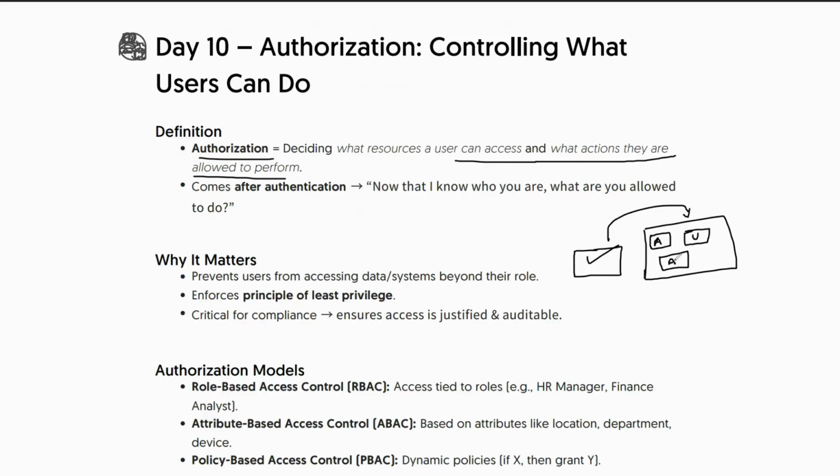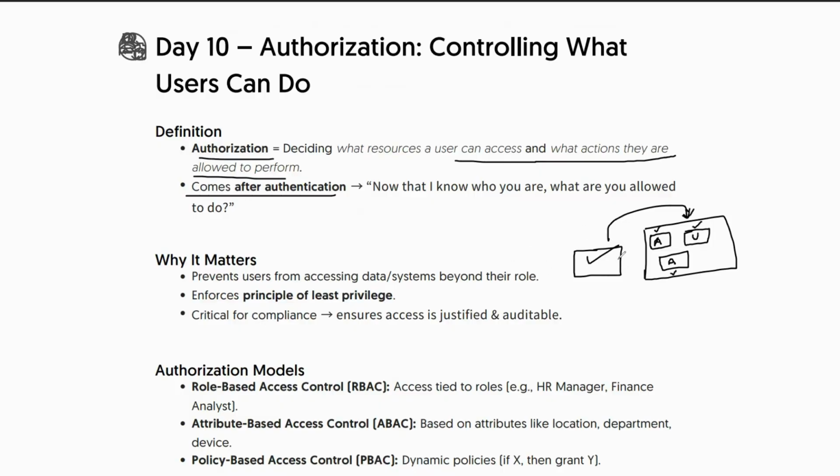say auditor access. So now as a user, or as someone who has been authenticated, how do they know which level of access they can get? Where is it defined? On what basis? That is what I'm going to cover. First, it comes after authentication. So this proving has to be done first.